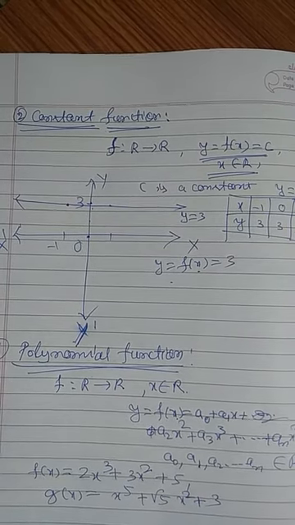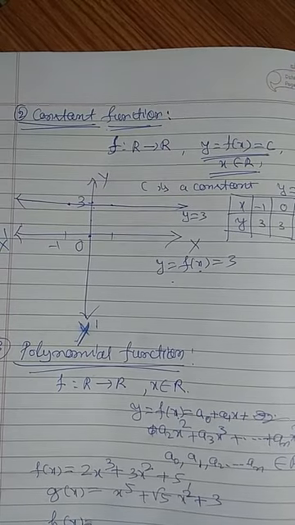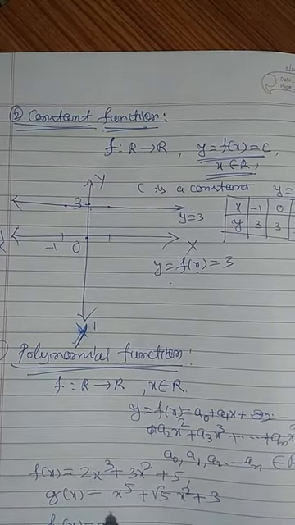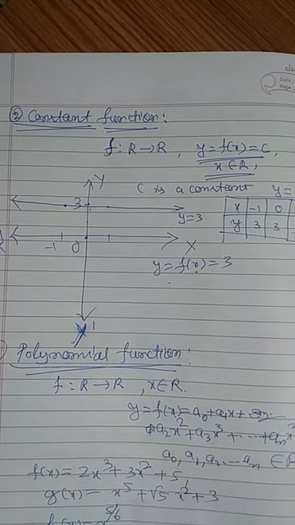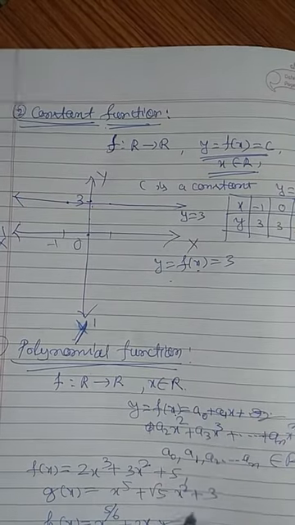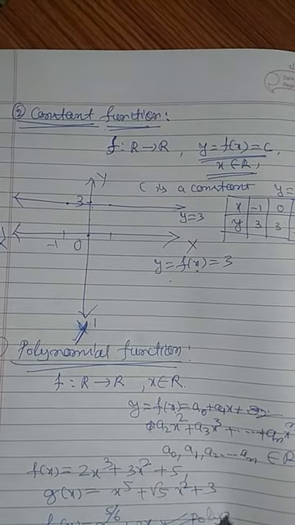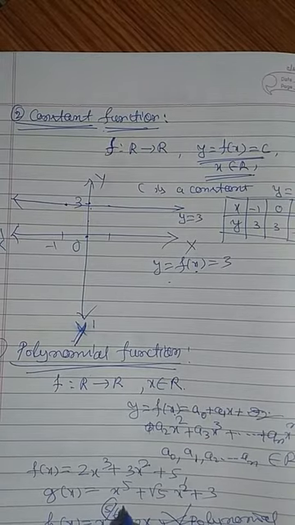Now, can you say, suppose h of x is equal to x to the power 5 upon 6 plus 2x. Is it a polynomial function? No, it is not a polynomial function. Why? The power should be a whole number.